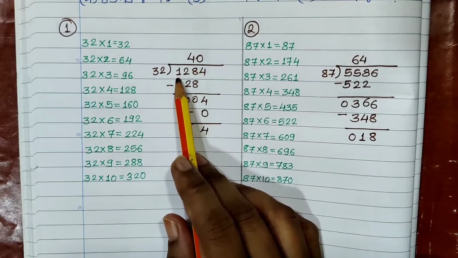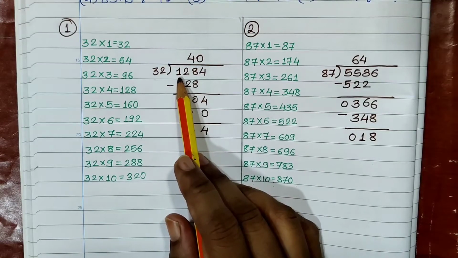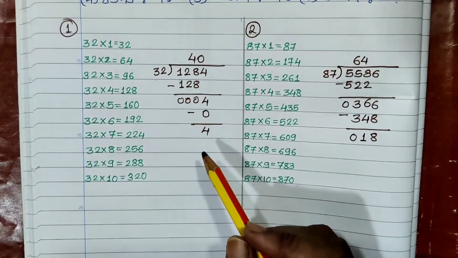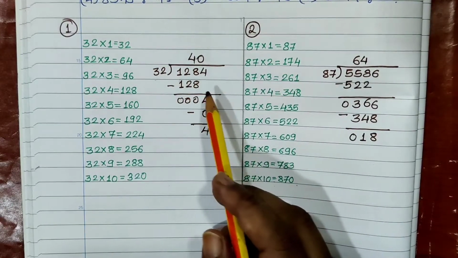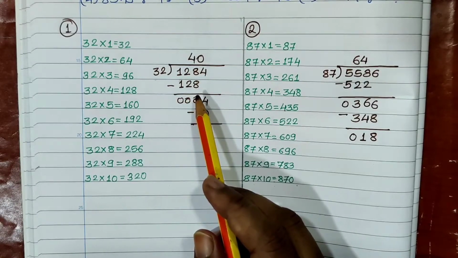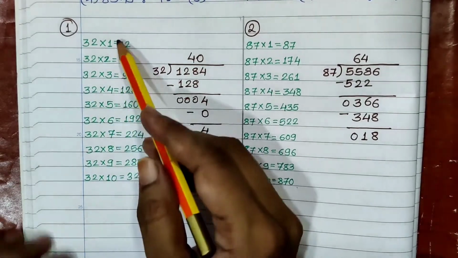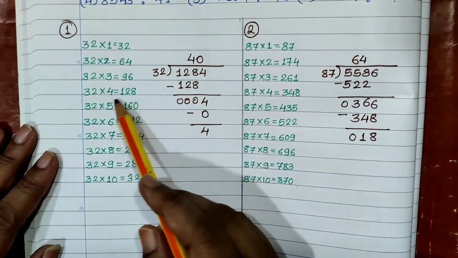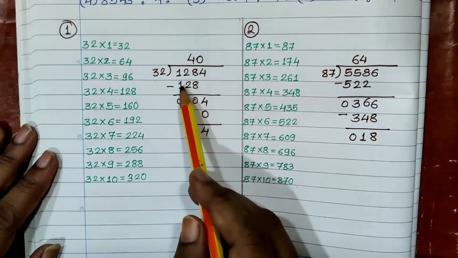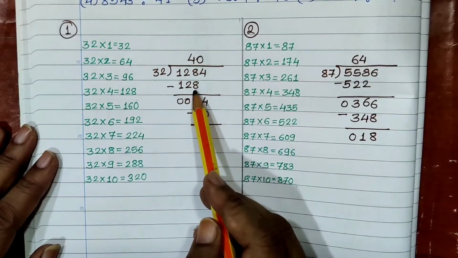So we have to take the group of the first 3 digits, 1, 2 and 8, we get 128. Now we have to check whether 128 is in the table of 32, or the number very close and smaller than 128. Observing the table, we can see that 32 fours are 128. So we write 32 fours are 128.